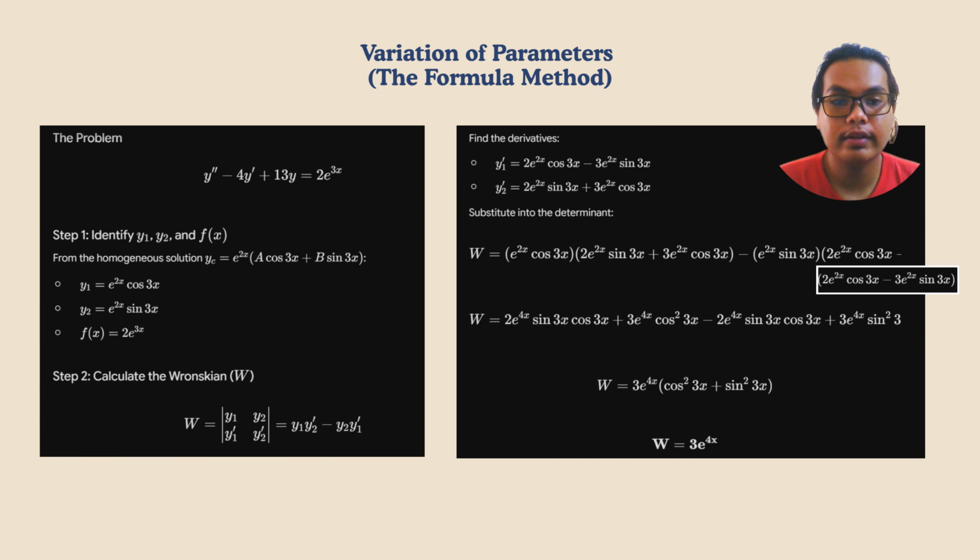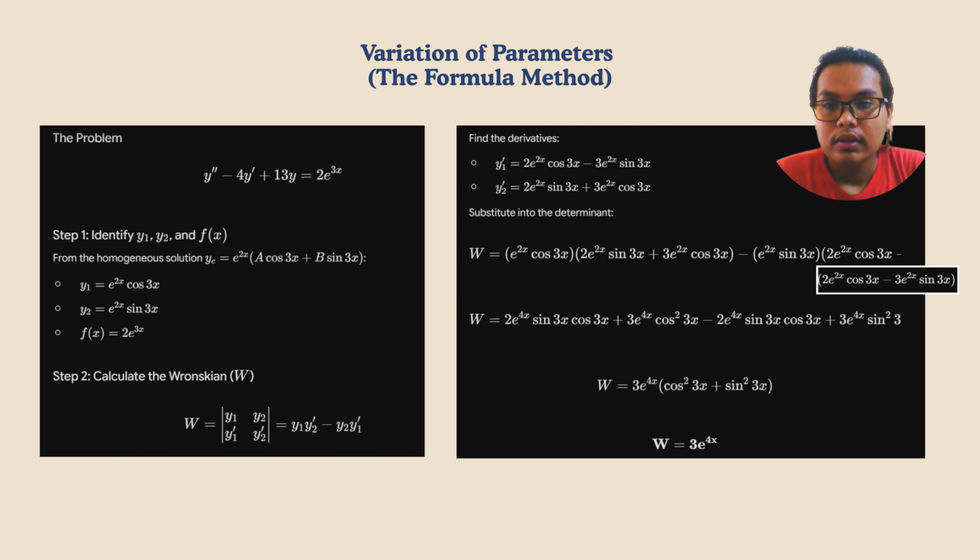We will look at the second method, which is the variation of parameters, the formula method. The question is y double prime minus 4y prime plus 13y equals 2e^(3x). First step, we identify y1, y2, and then f(x).